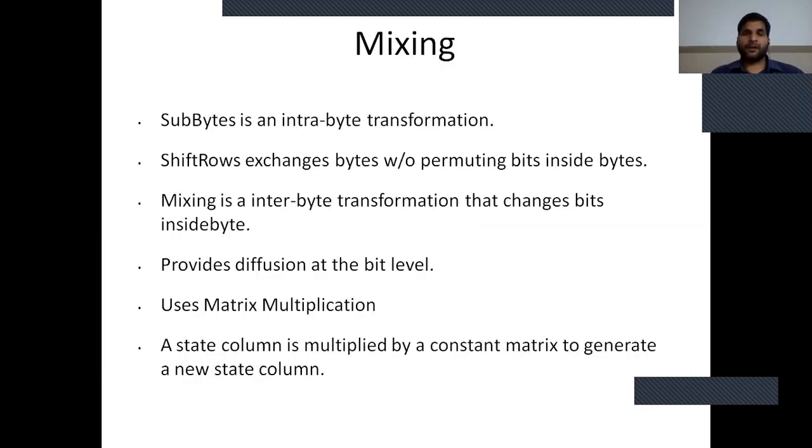Next is the operation of mixing. Sub-bytes is an intra-byte transformation; after applying shift rows, it exchanges bytes and words, the permutation of bits inside the bytes. Mixing is an inter-byte transformation that changes the bits inside a byte. It provides diffusion at the bit level, using matrix multiplication: a state column is multiplied by a constant matrix to generate the new state.